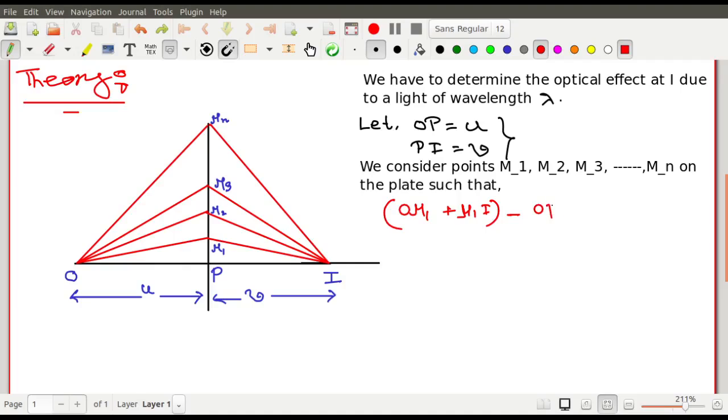I directly write OI. Now this difference is half a wavelength, lambda by 2.